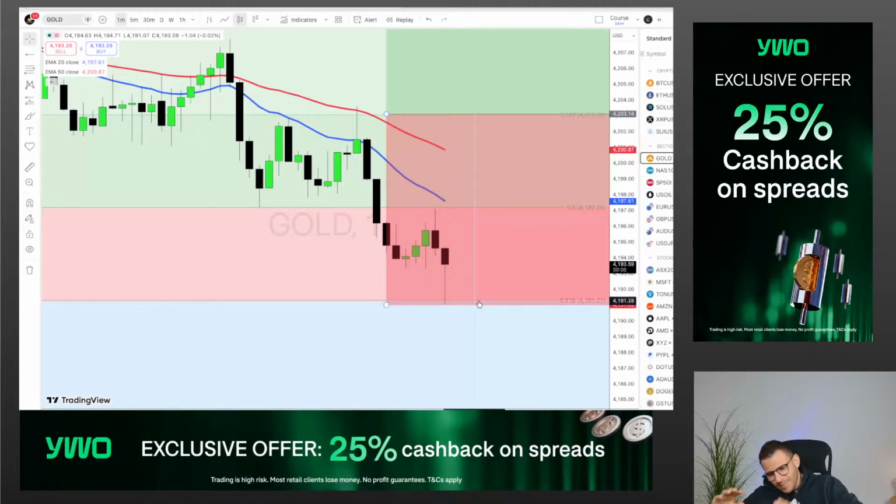Some assets like gold become very technical, to the point that once they touch key levels like Fibonacci, previous support, previous days' lows and highs, even if they have the tendency to break through, they bounce very well.